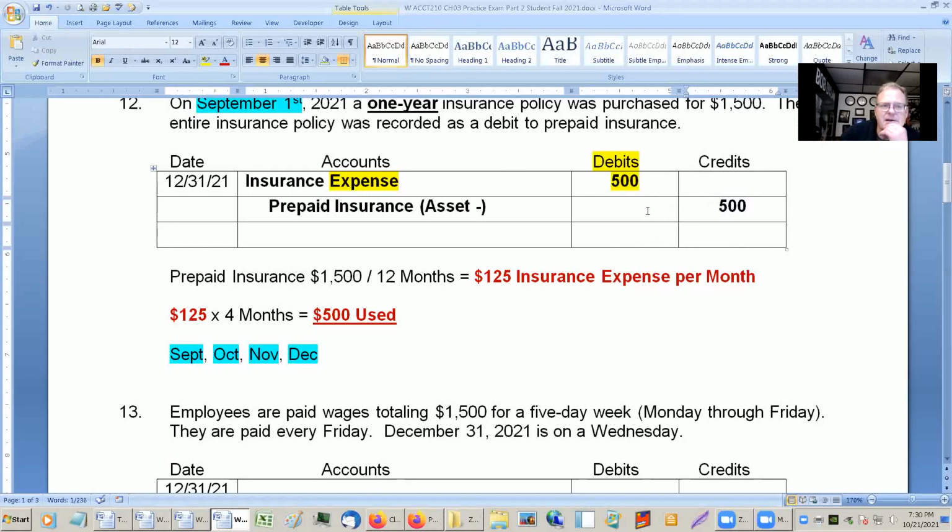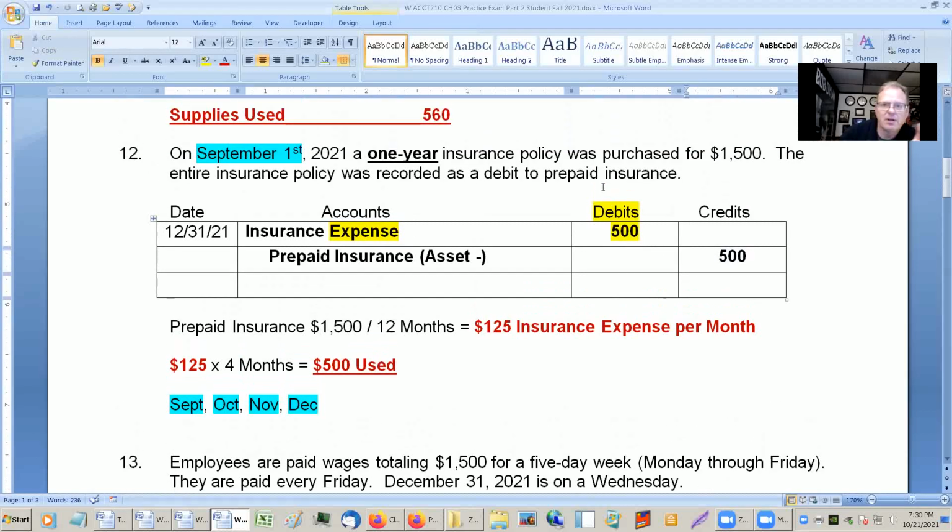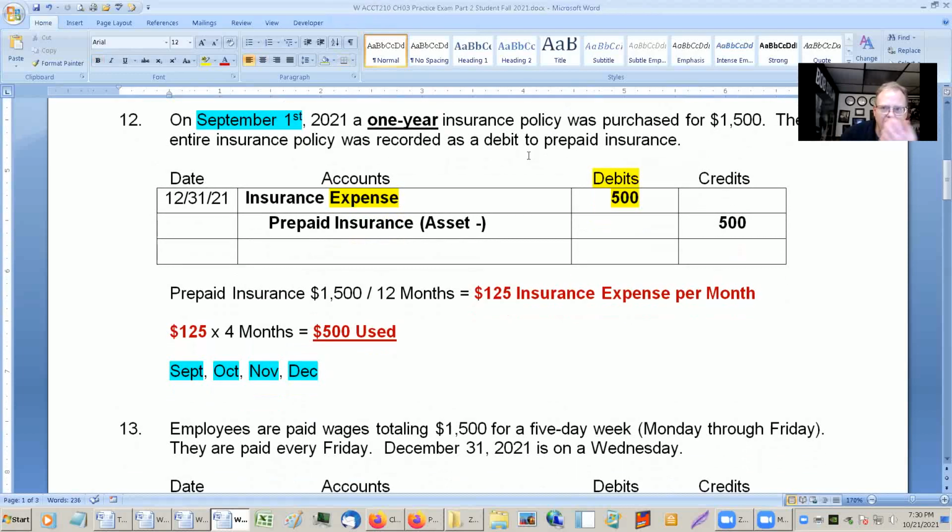Okay. Yeah. But no, it is confusing. And like I say, this is a tough chapter. This is one of the toughest chapters in all of accounting, really. I used to do auditing, and I think they call these closing entries sometimes, adjusting entries. It's not uncommon to see people who've done this for 30 years making mistakes.